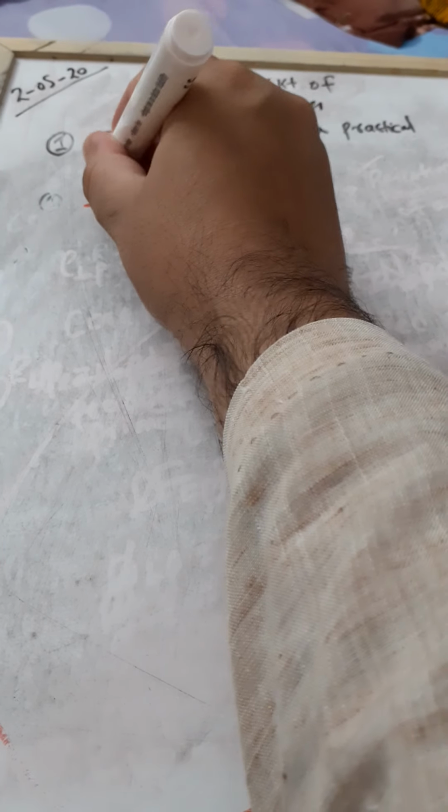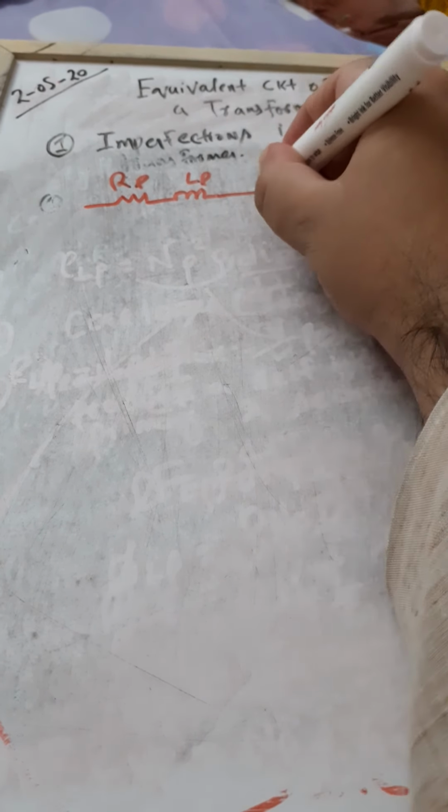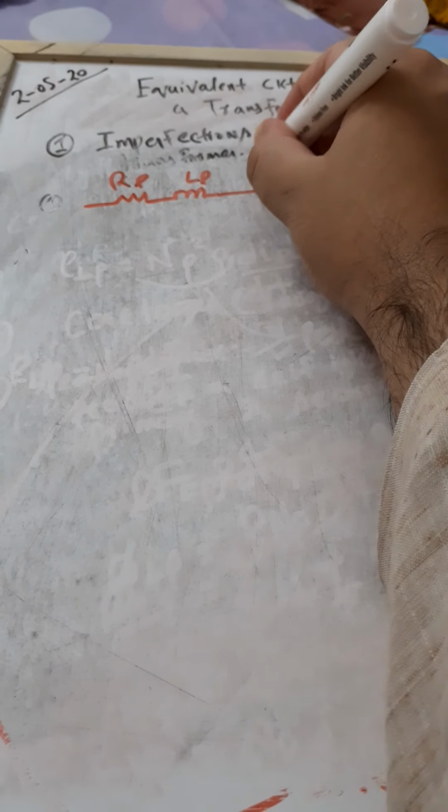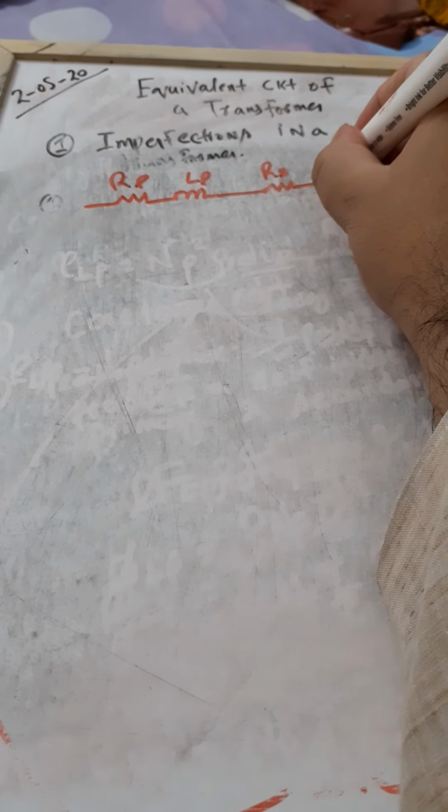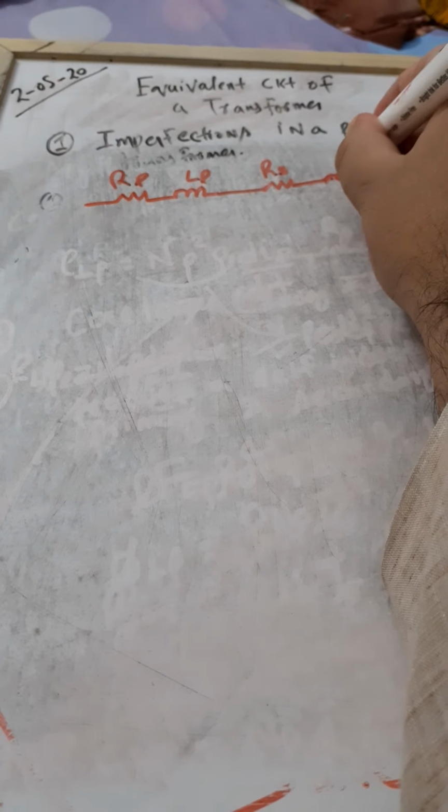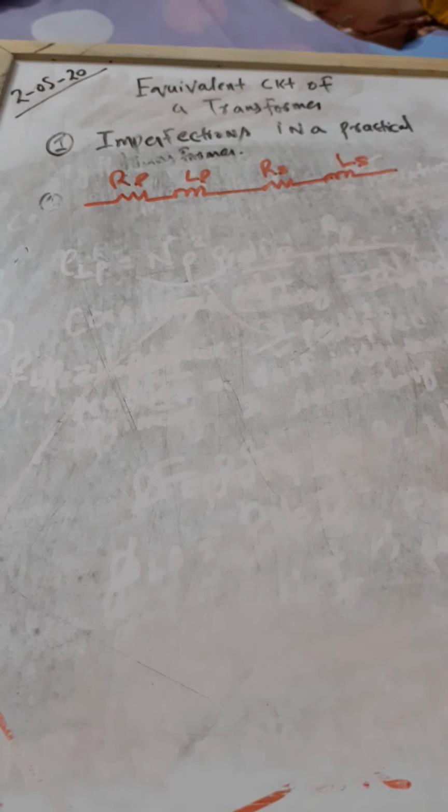You can write your transformer model in terms of your resistance in the primary Rp, self inductance Lp, and now on the secondary side you can write Rs, Ls. So till here we have arrived for the equivalent circuit. Now we are left with the core loss component. So leakage flux we accounted for, copper losses we accounted for.